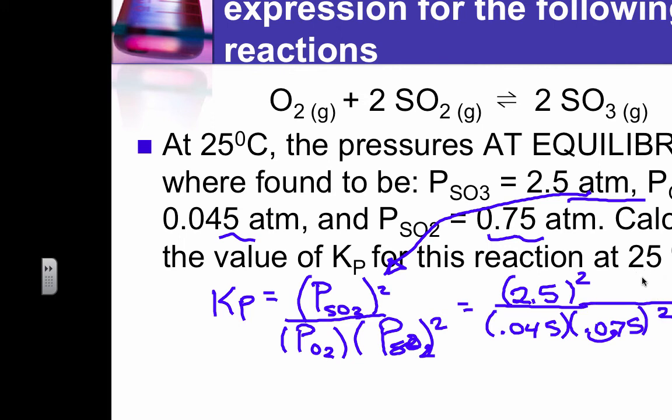Now, in the k for kinetics, we must have units, but for the capital K in equilibrium, we don't use units at all. It doesn't make sense to do so.